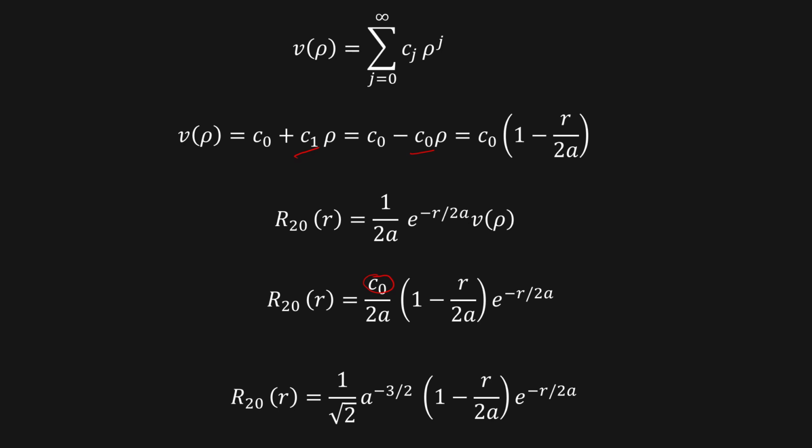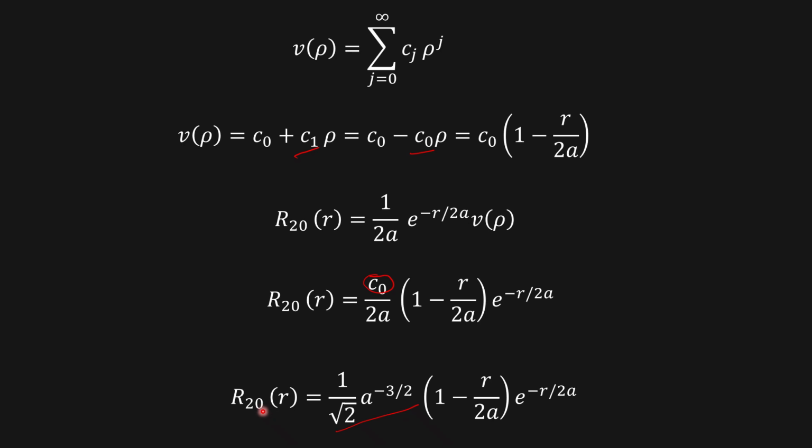I am not going to do it because it's straightforward. So the normalization constant is 1 over square root 2 a power minus 3 over 2, times 1 minus this term, times the exponential term. This is the radial part of the wave function for n equal to 2 and l equal to 0.